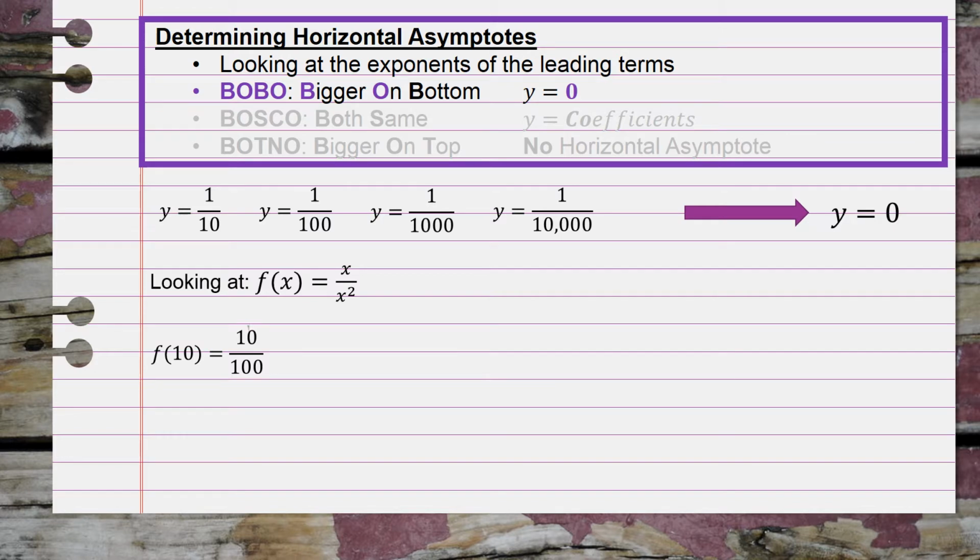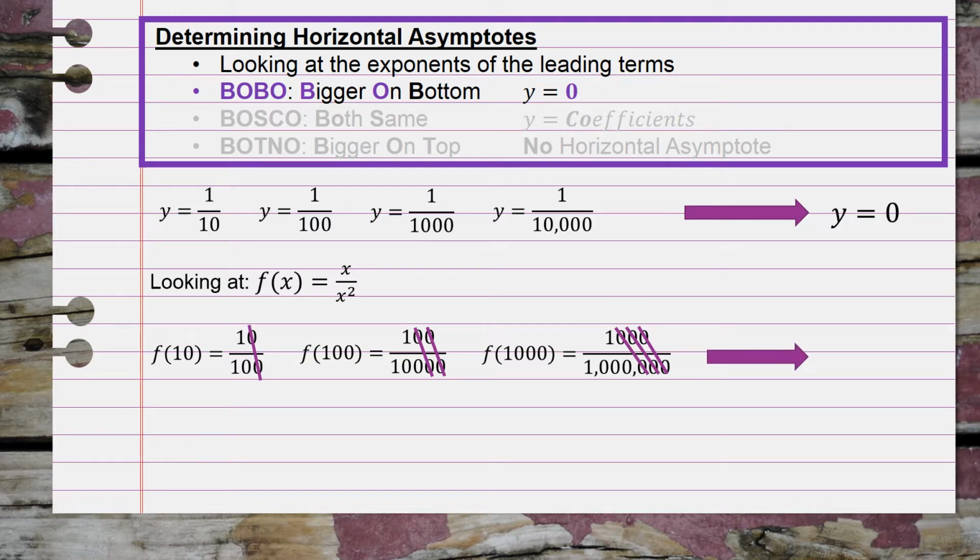Notice that fraction reduces to 1 over 10. What if I plug in 100? So 100 over 100 squared. That gives me 100 over 10,000, but that fraction reduces to 1 over 100. And if I try another value, it also reduces.